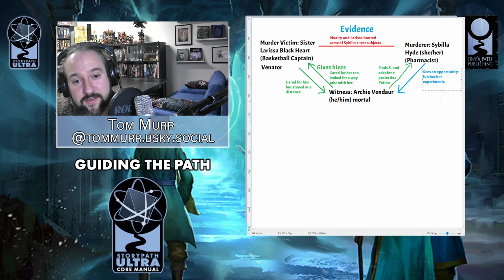Sibylla sees an opportunity to further her experiments and to have a means to put pressure onto Larissa should she ever need to.